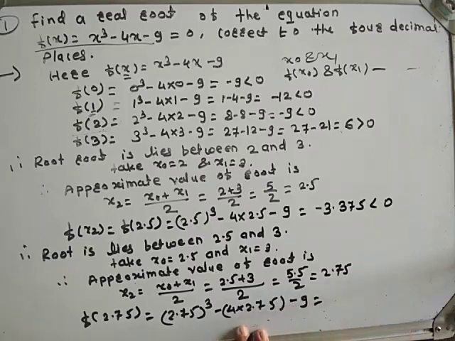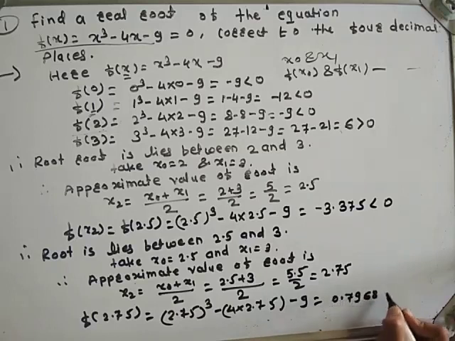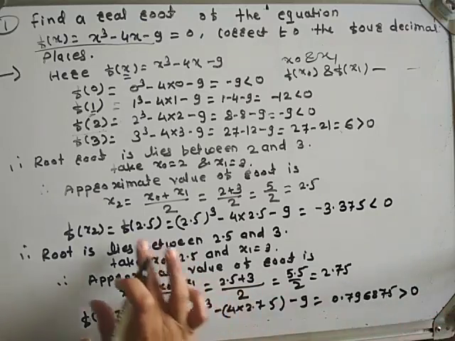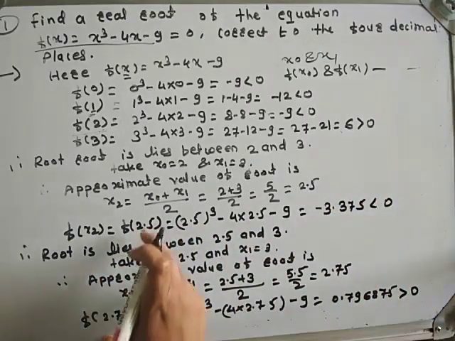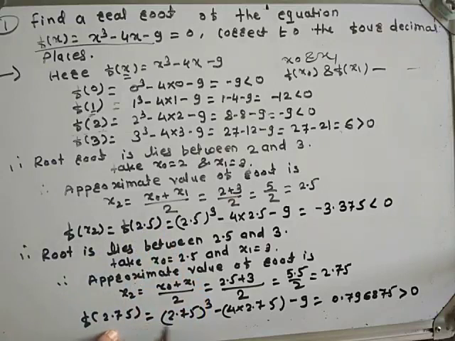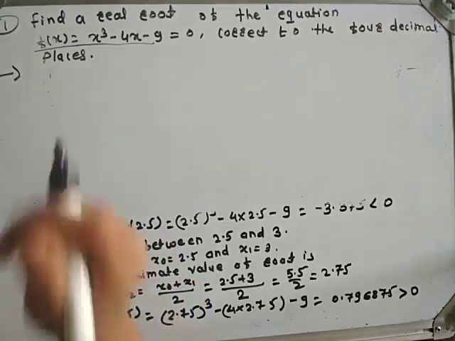After calculating this value, we get 0.796875. Here, this is positive. That is, f of 2.75 is positive and f of 2.5 is negative. Therefore, the root lies between 2.5 and 2.75.